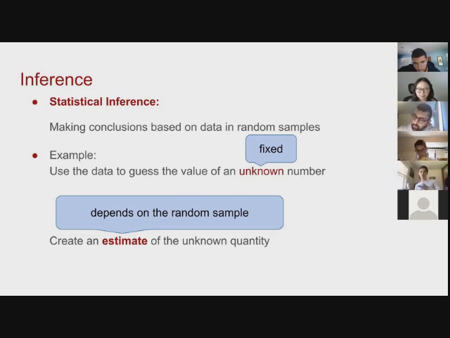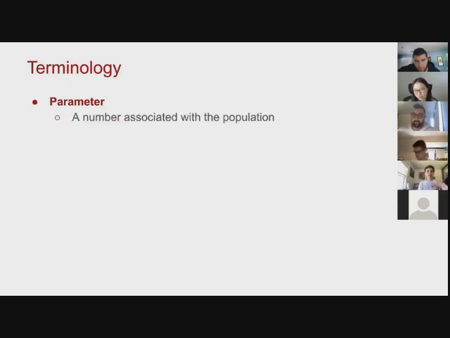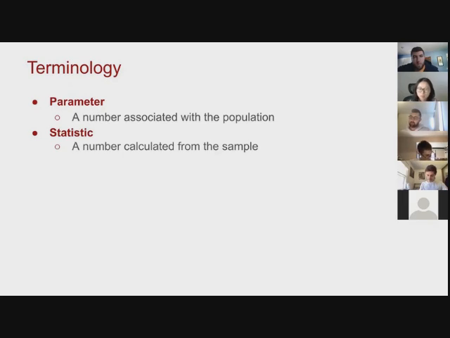All right, a few more terminologies over here. We also call the number associated with the population the parameter. A parameter is something unknown, but it's fixed, like the mean parameter or the median parameter. And a statistic, like the one we're using over here, is a number that we calculate from the sample.